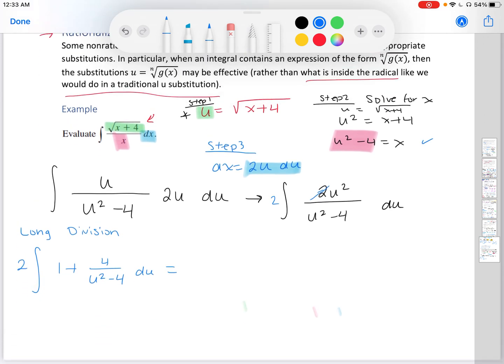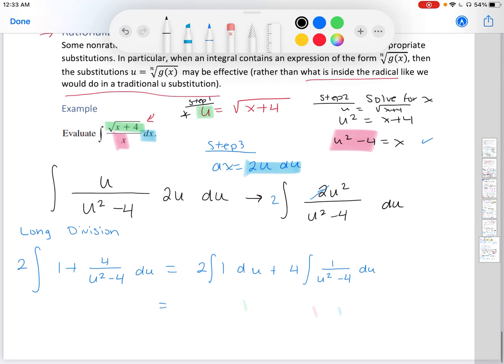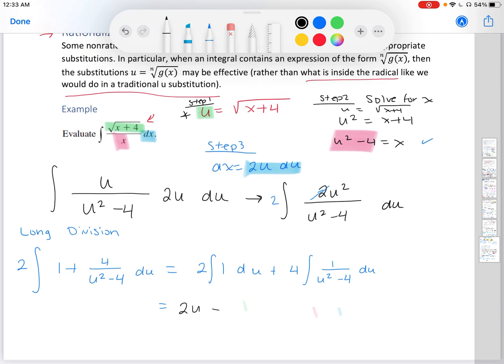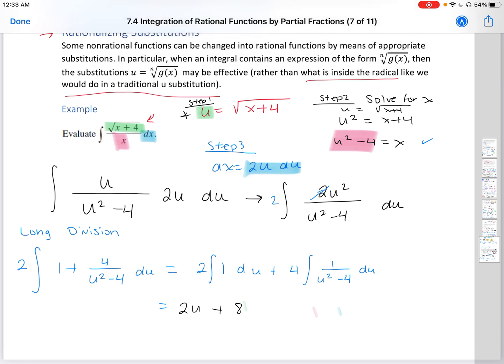So this ends up being 2 times the integral of 1 du plus 4 times the integral of 1 over u squared minus 4 du, so that we get 2u plus 8, because we multiply that 2. I should have written 2 times 4.